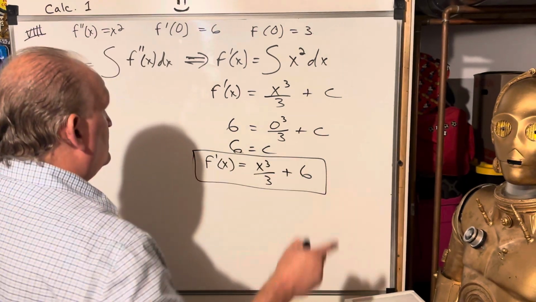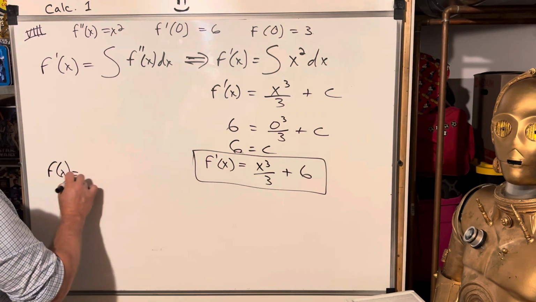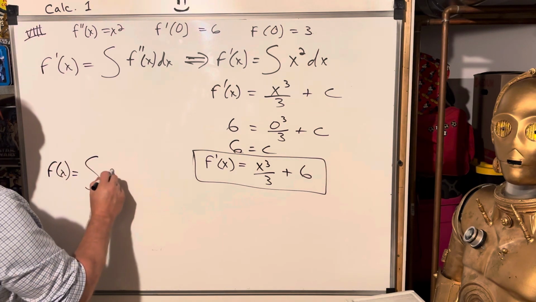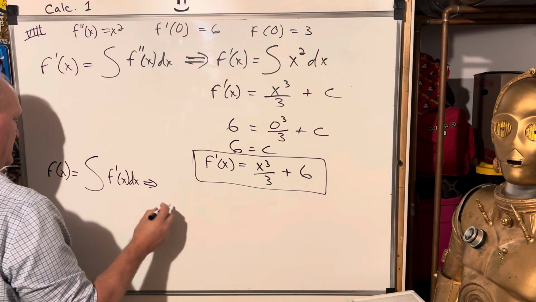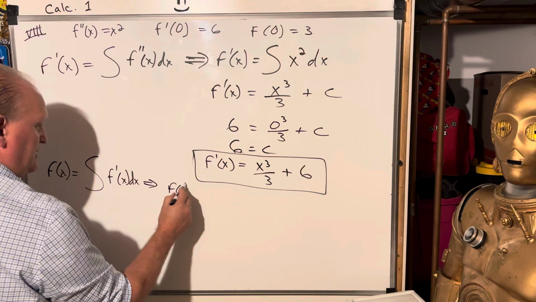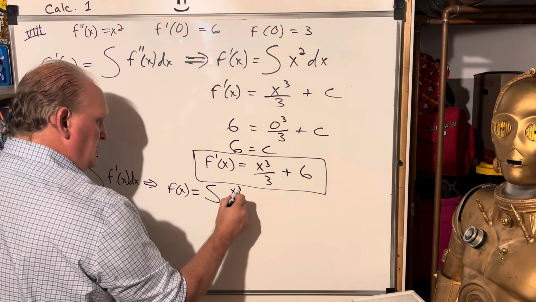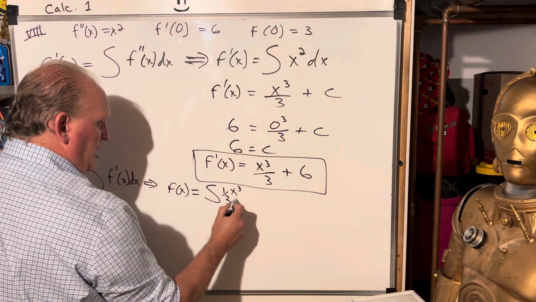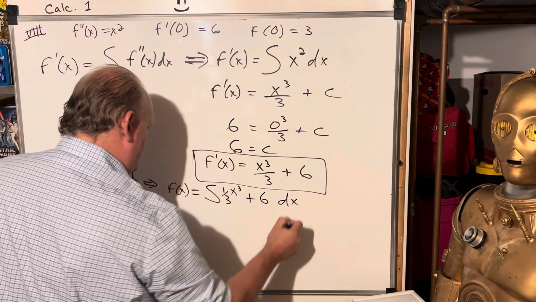So we got to do this same thing. It's just f of x is going to equal the integral of f prime of x dx. So that leads us to say, all right, f of x is then equal to the integral of 1/3 x cubed plus 6 dx.